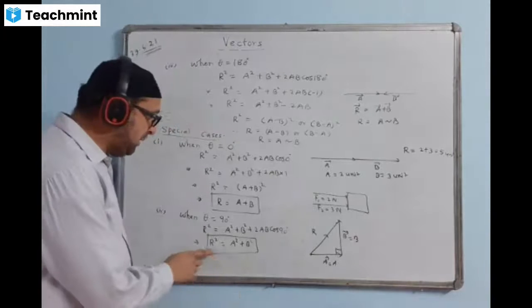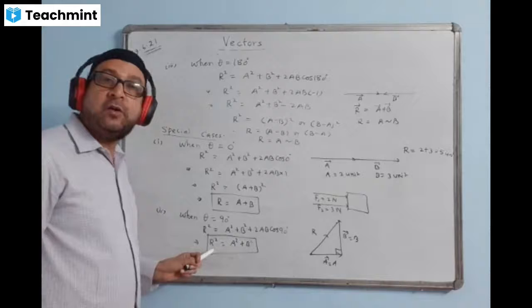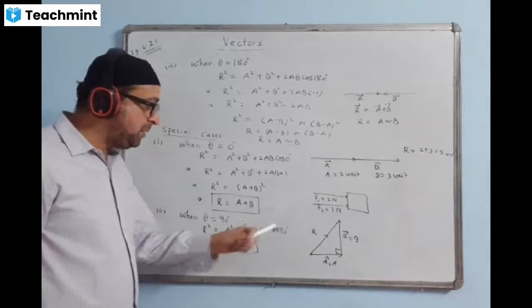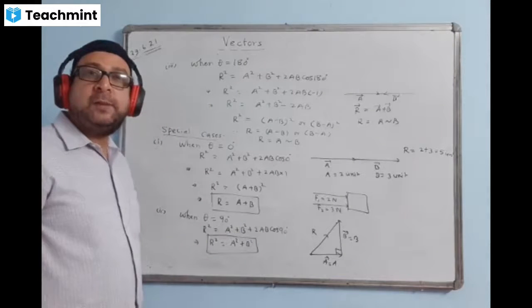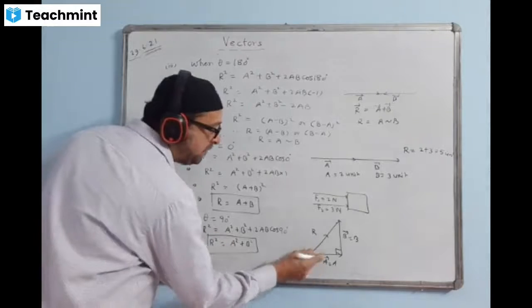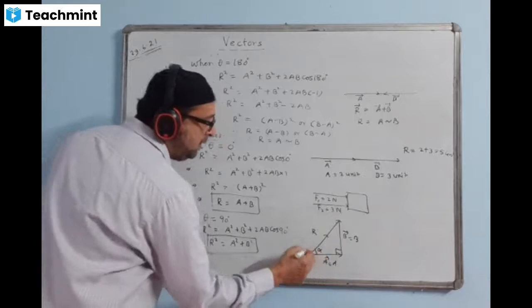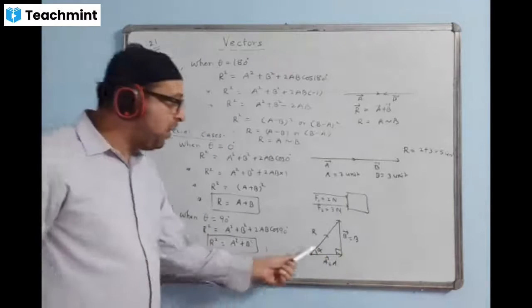Okay, now in this case, how to mention direction when the angle between them is 90 degrees. To mention direction, we will find this angle, because this time the direction is different. So we will find this angle alpha. We normally find the angle with the horizontal line.